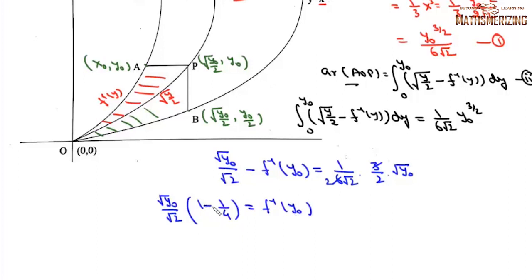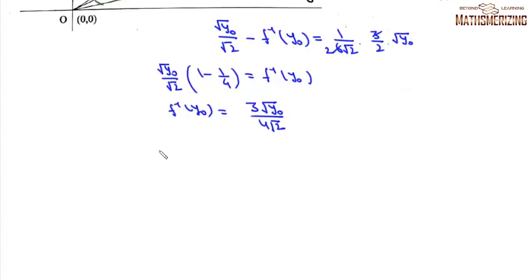Now this is 3 by 4. So this f inverse y naught will be 3 square root of y naught upon 4 root 2. Now we can also write this as f of 3 square root of y naught upon 4 root 2, and this is equal to y naught.